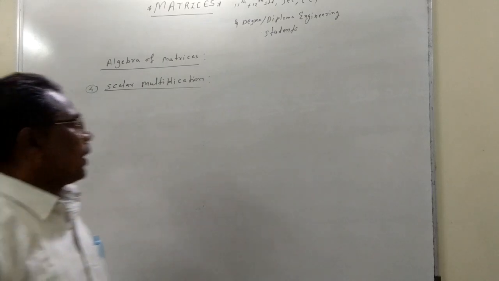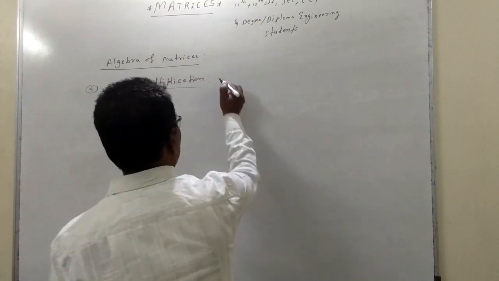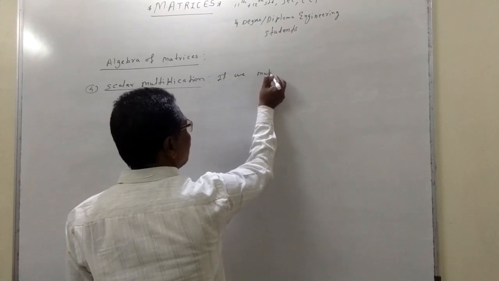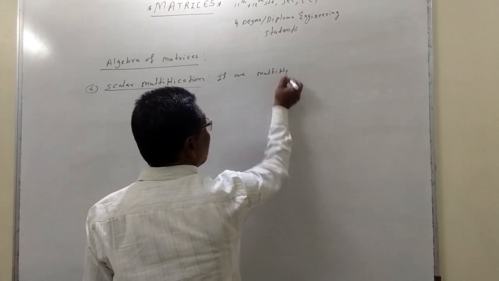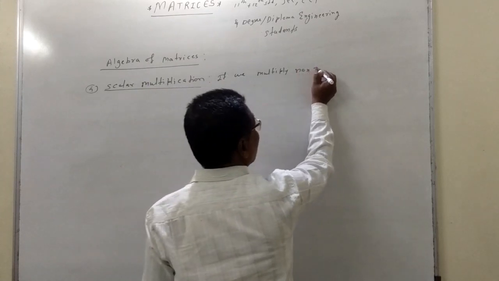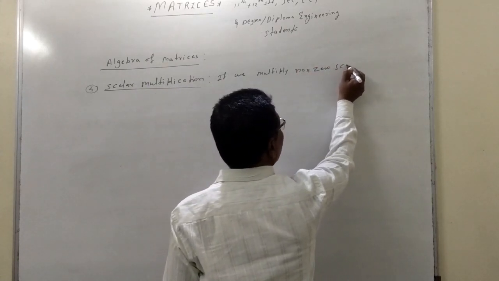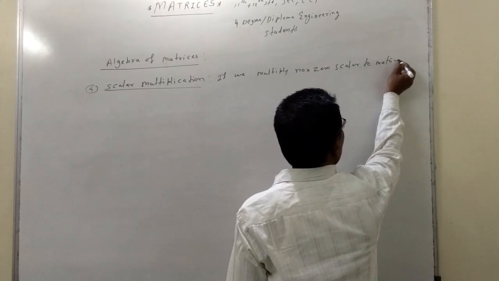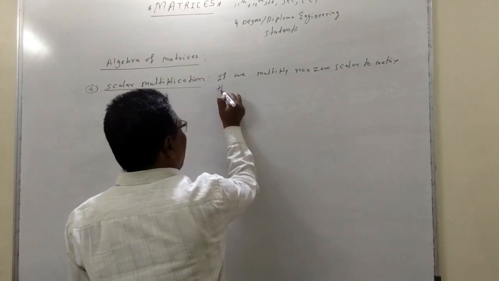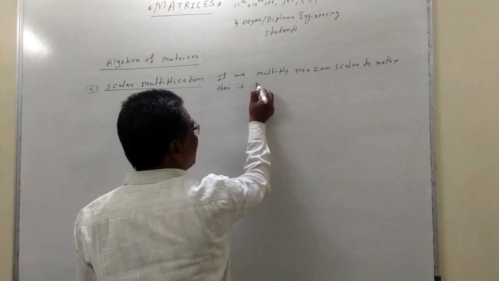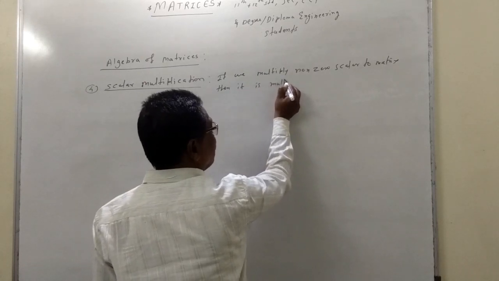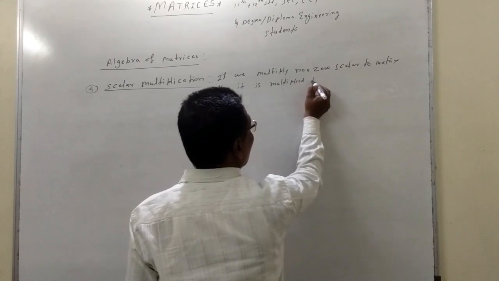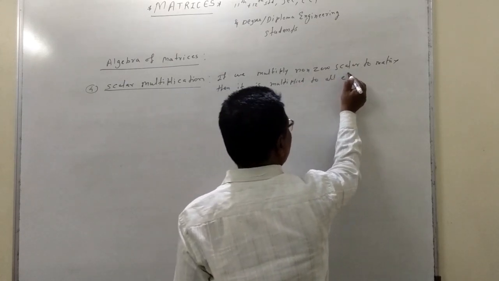If we multiply a non-zero scalar to a matrix, then it is multiplied to all elements.